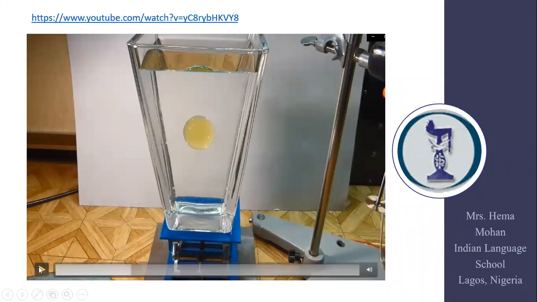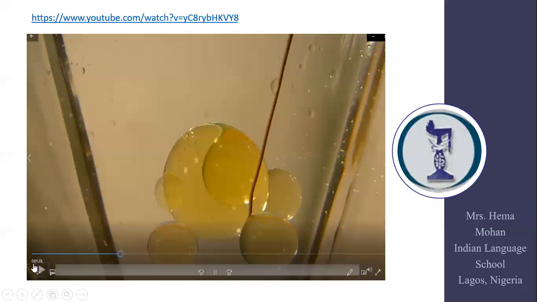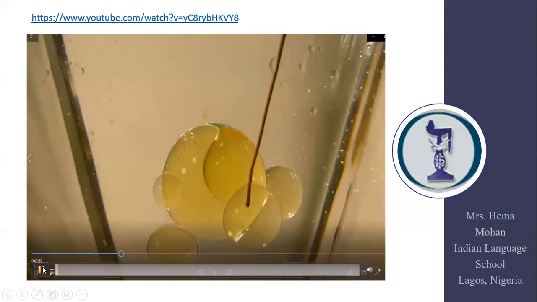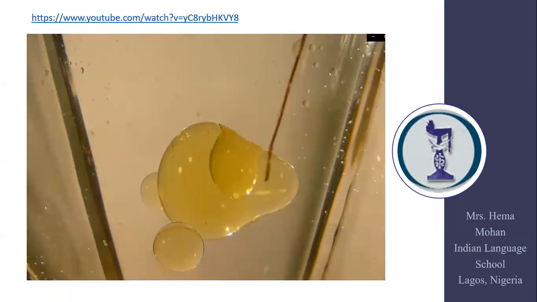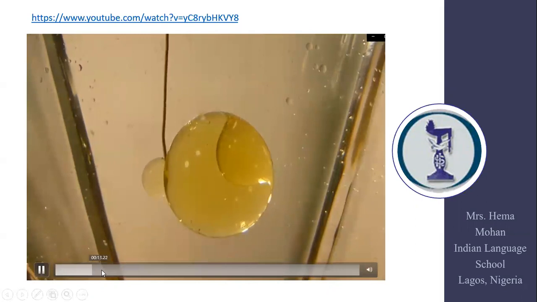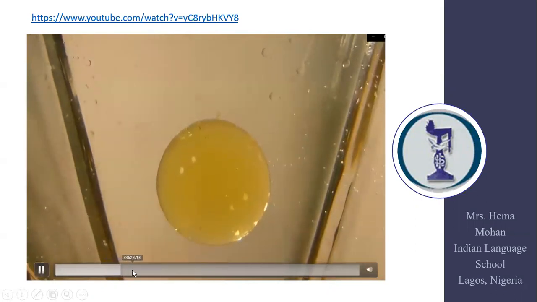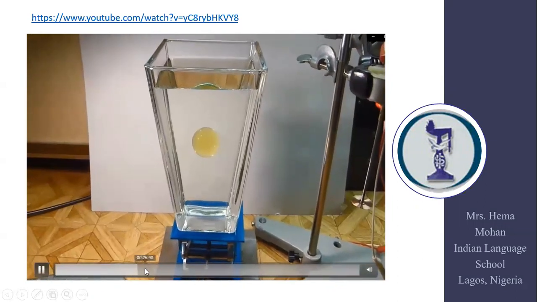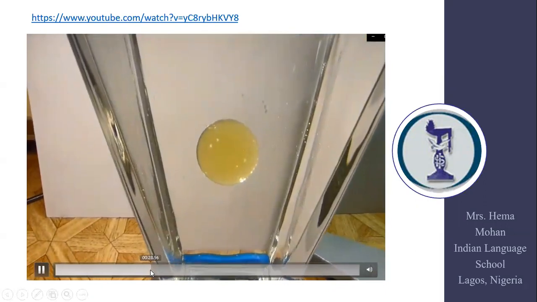Another thing that I would like you to watch, and there's again a video that is taken from YouTube. Sorry, let me go back to this. So you can see that there are so many droplets that they have pipetted out, and they are coalescing them into a single oil drop. Now, this single oil drop, which is suspended, if it is going to be disturbed, see what's going to happen, how beautifully it remains suspended, defying gravity.